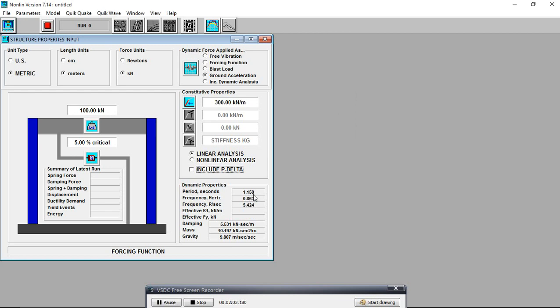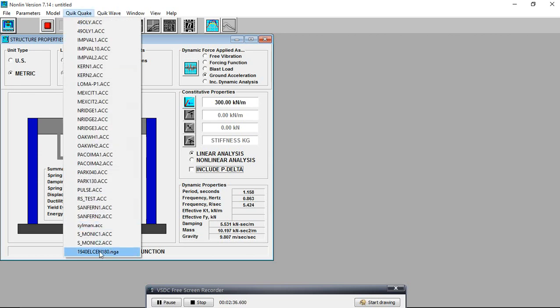Here you can get the period 1.158, the frequency 0.863, and the circular frequency 5.424, and the damping 5.531. Then mass 10.197 kilonewton second square per meter, gravity 9.807 meter per second square. All these are the dynamic properties of this single degree of freedom.